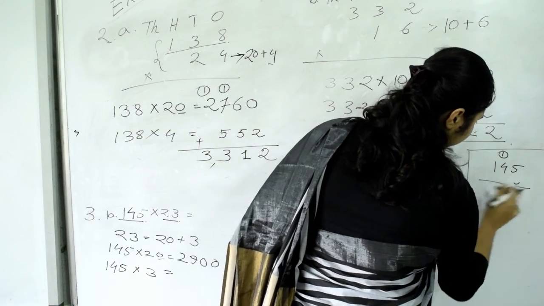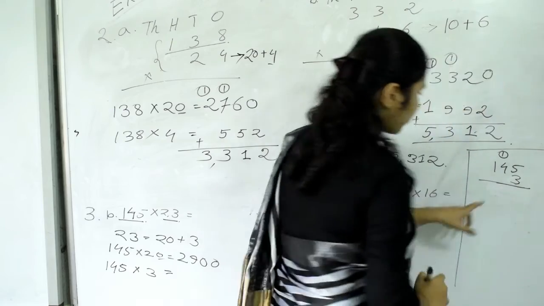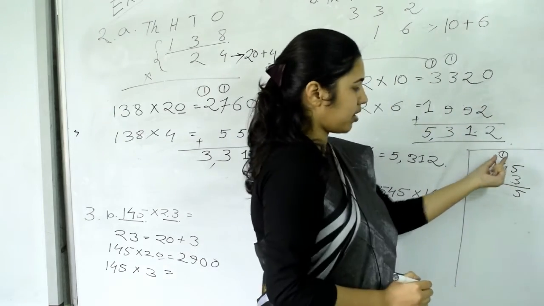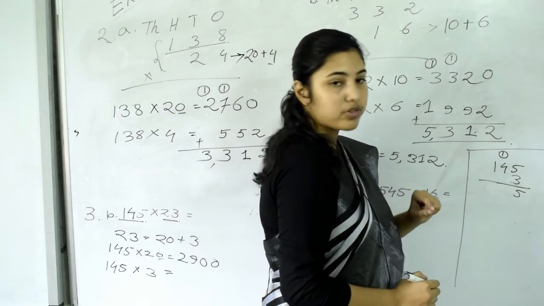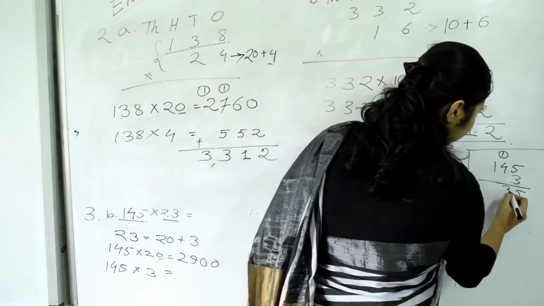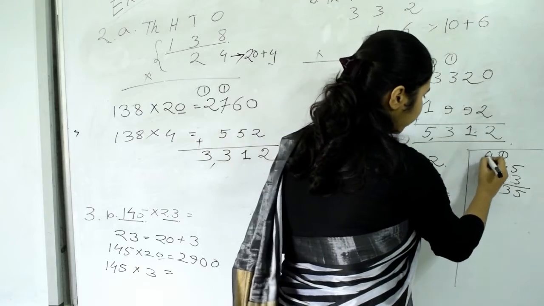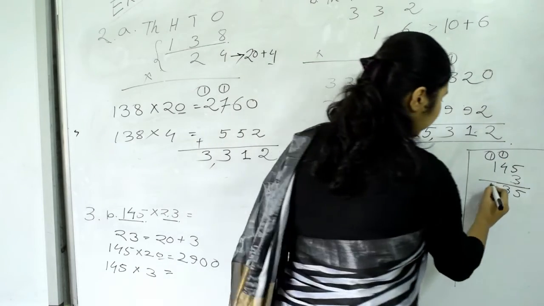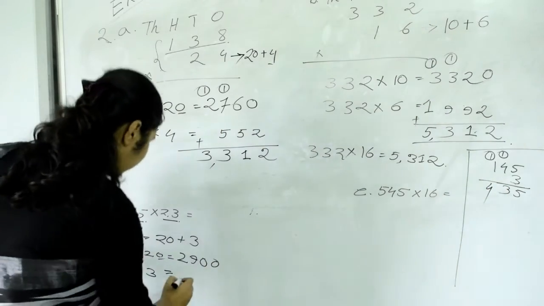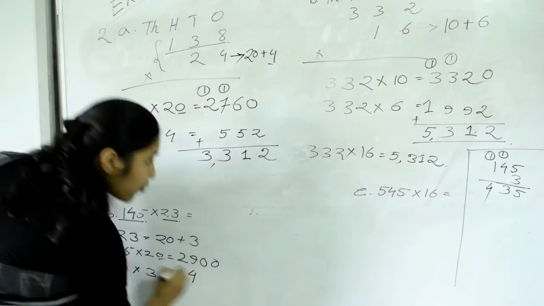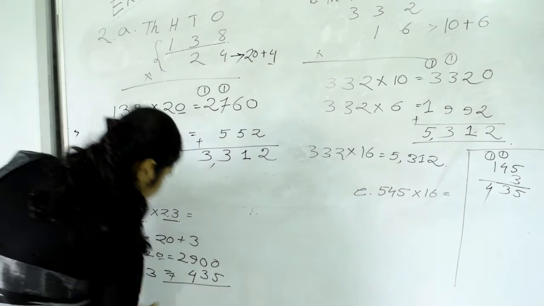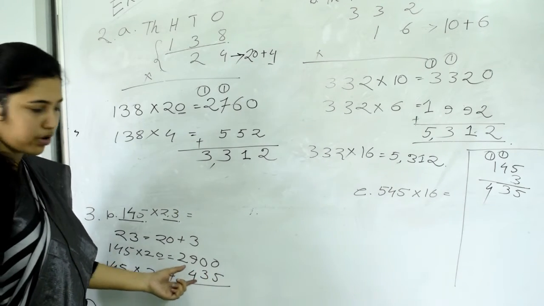3 5s are 15. Again carry 1 in tens place. 4 3s are 12. 12 plus 1, 13. Again carry 1 in hundreds place. And 3 1s are 3. 3 plus 1, 4. So 435. And last step, again add these two products.